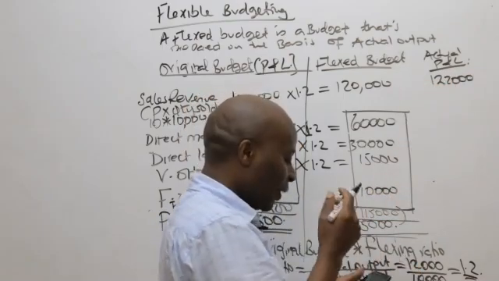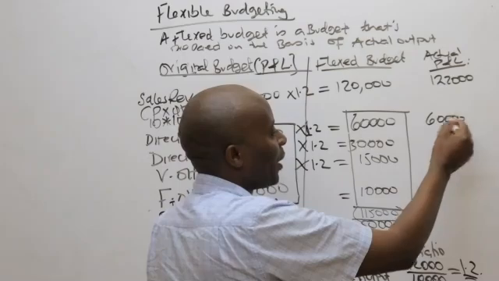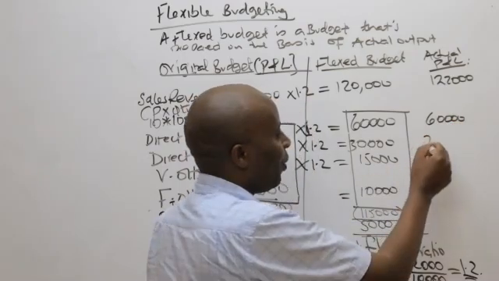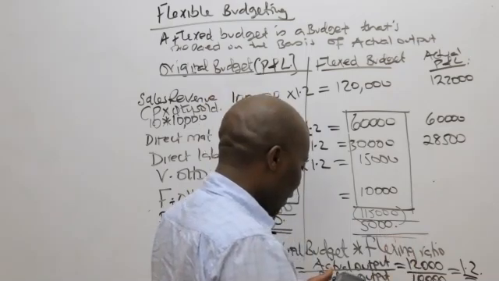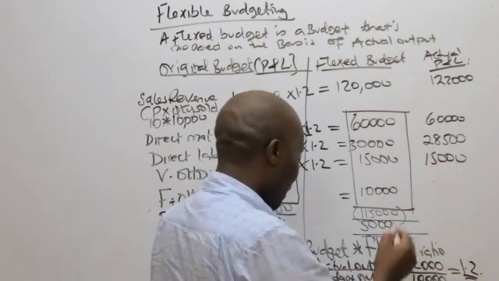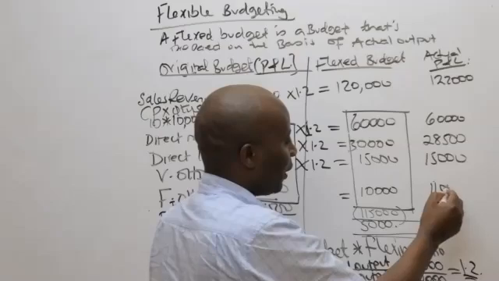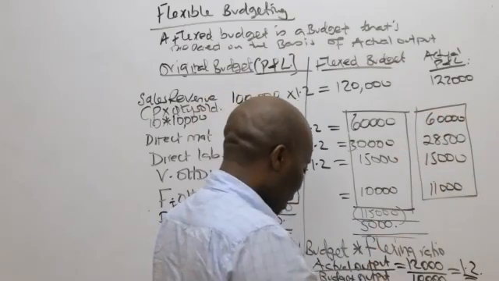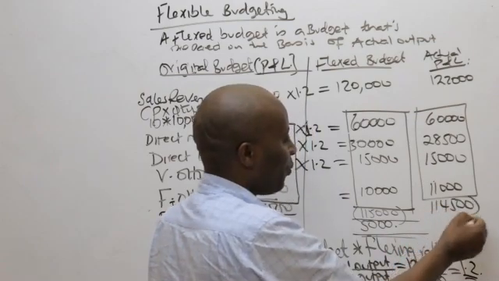And then we have the actual direct materials, 60,000. Direct labor, 28,500. Then the next one is variable overheads, 15,000. Then the last one, fixed overheads, they have given us a figure of 11,000. And then, ladies and gentlemen, the cost here is 114,500.